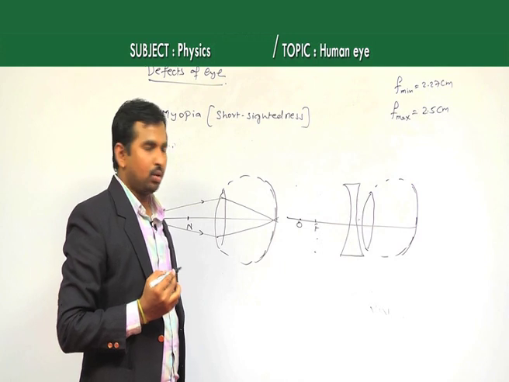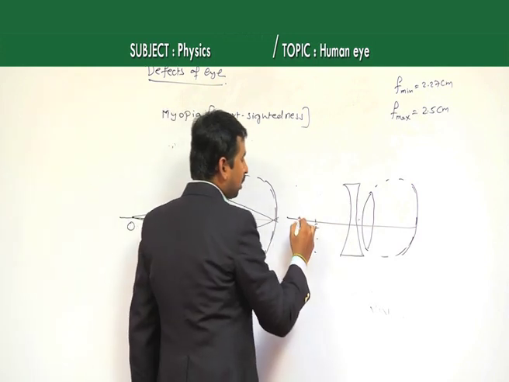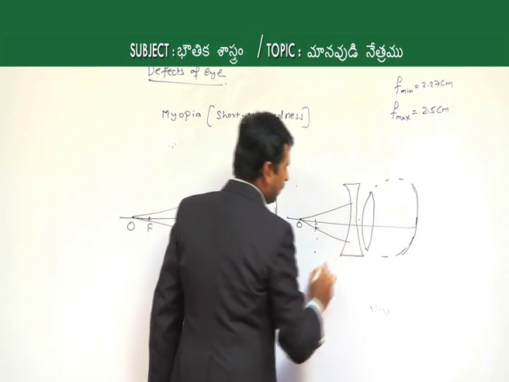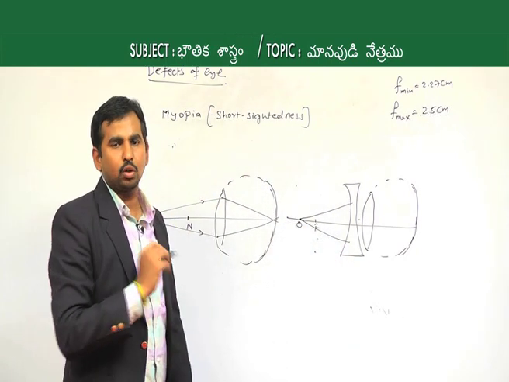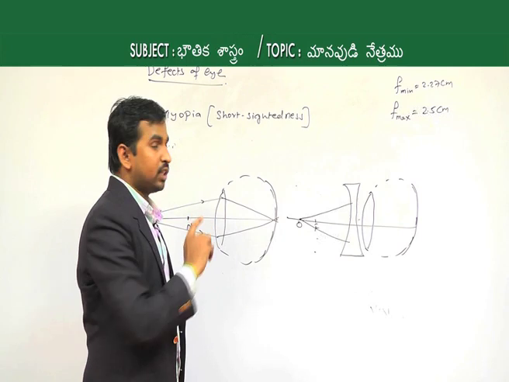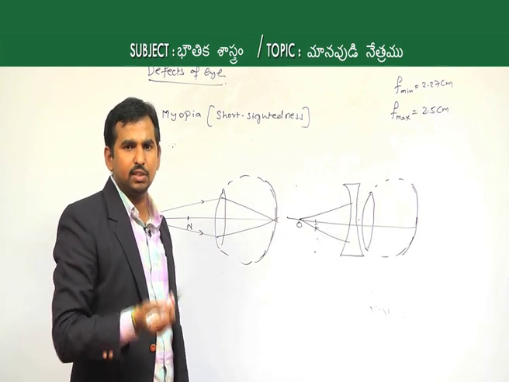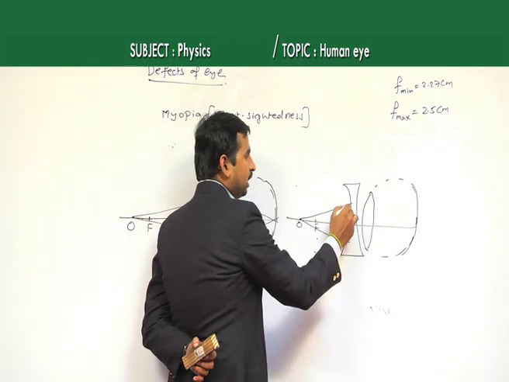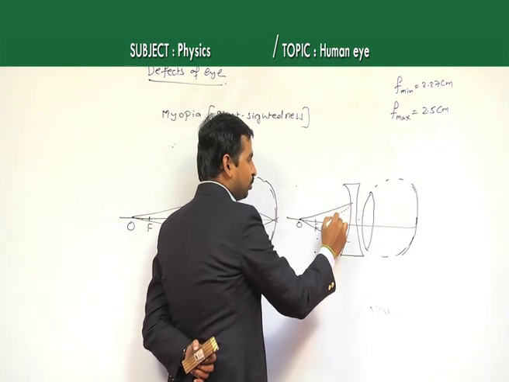Okay. Now, the light rays which are coming from the object first pass through the concave lens here. As the concave lens forms the image of that object, which is a virtual and erect image, that too is formed before the lens, because that is virtual.